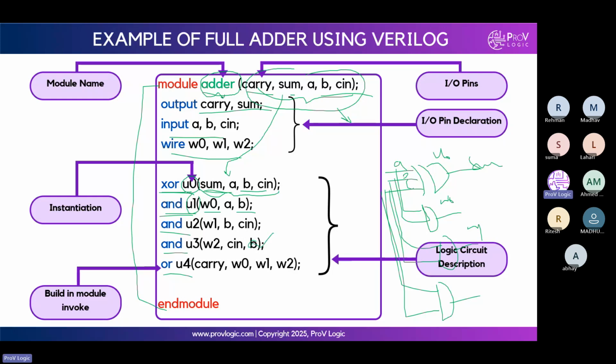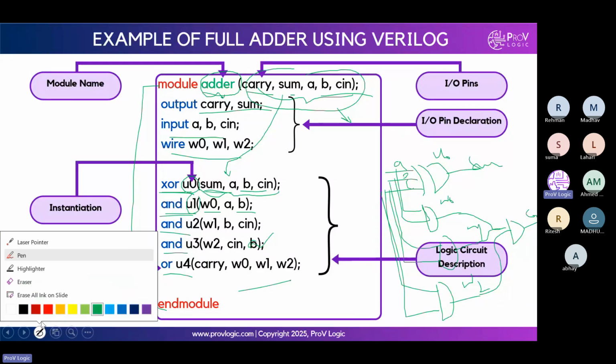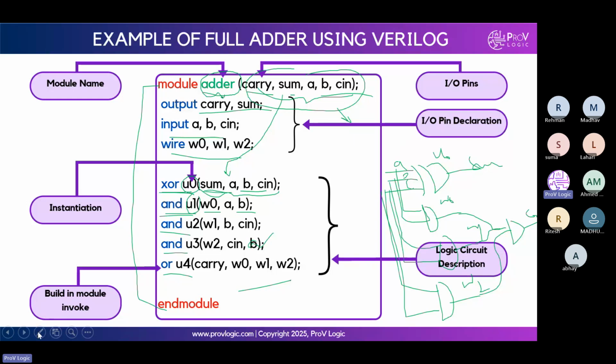C, A are the inputs, W2 is the output. Finally, the OR gate. For the OR gate, output is the carry. Inputs are W0, W1, W2. So here W0, W1, W2 are wire connections, neither input nor output.